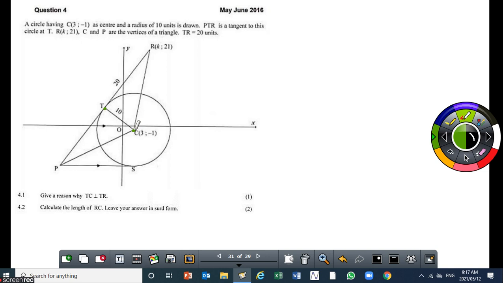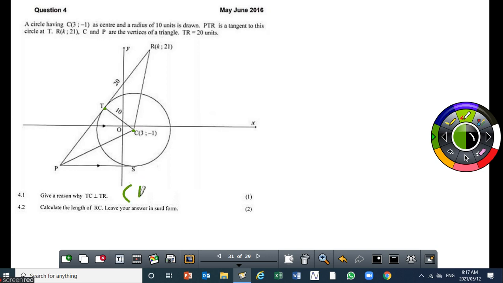And we have the tangent TR. The reason you must give here is based on circle geometry from grade 11. Why is TC perpendicular to TR? It's because a radius and a tangent are perpendicular to each other at the point of contact.